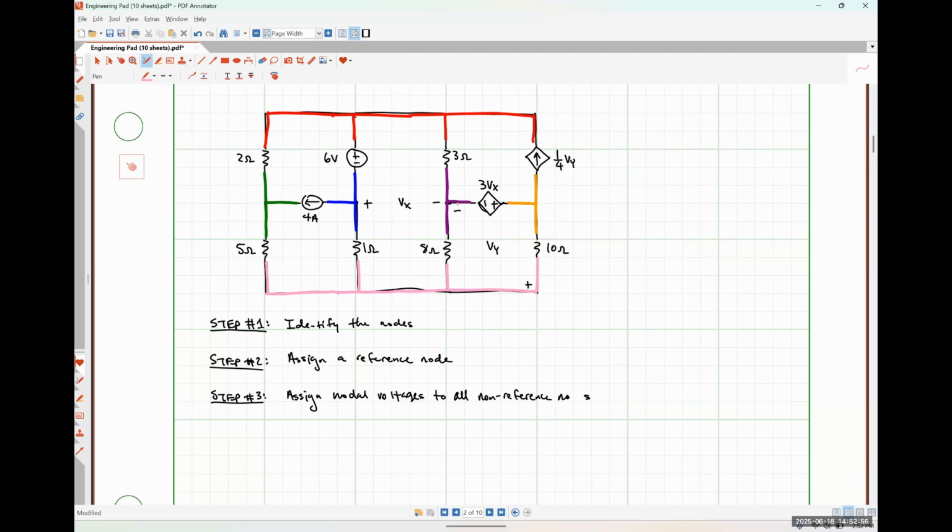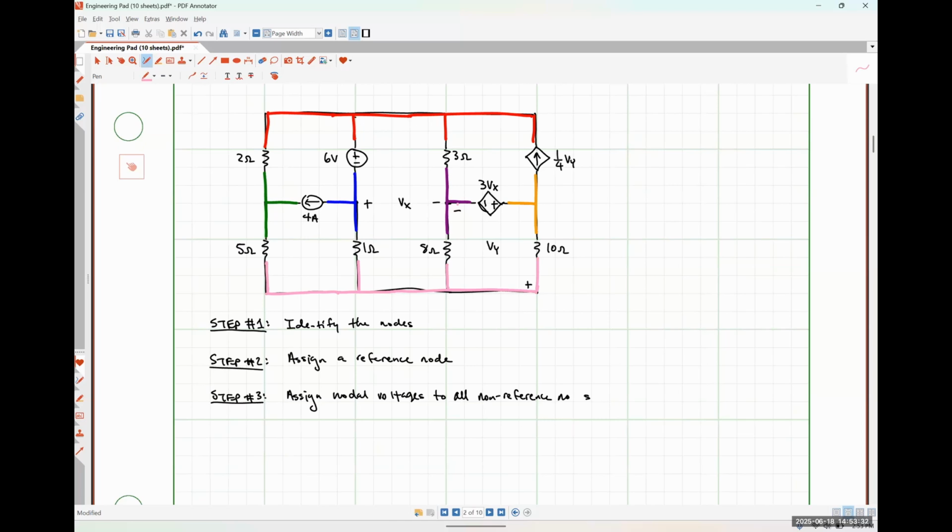So when we only had current sources and resistors, I said that we would choose our reference node based on whichever node is touching the largest number of circuit elements. Whenever we have voltage sources in our system, I'm going to modify that and say that we want to choose our reference node to be the node that's touching the largest number of voltage sources.